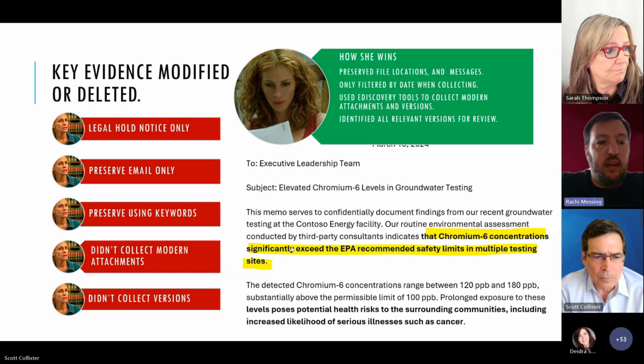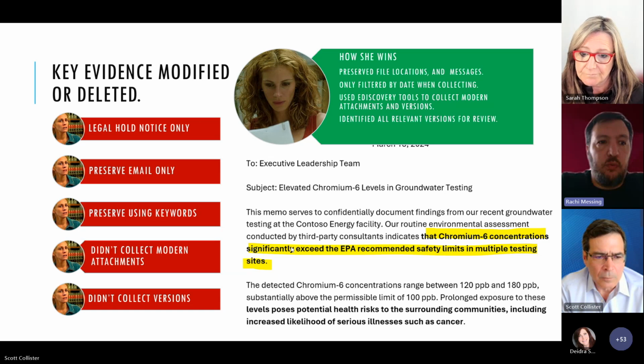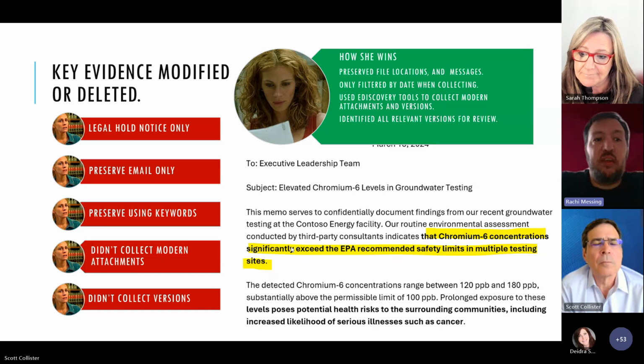If they didn't do anything to try to find the modern attachments, and if they again only did the email, that file that's sitting out there on OneDrive would never have gotten collected. And if they didn't collect prior versions here, then they never would have seen that there was a prior version in existence that did specifically call out that there were problems.